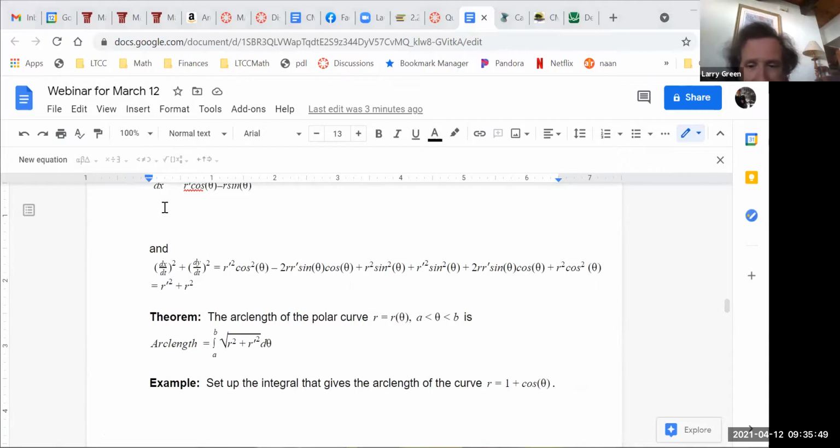So that's the first thing, is we need to find a and b. So if I set 0, let's copy and paste this guy. I think it's the easiest. 0 equals 1 plus cosine theta.